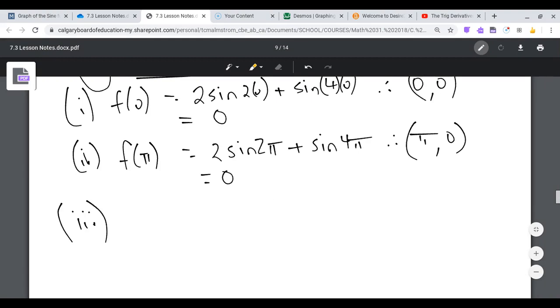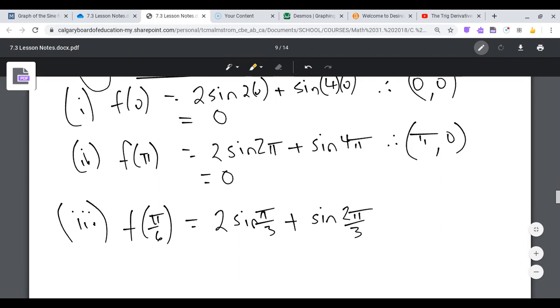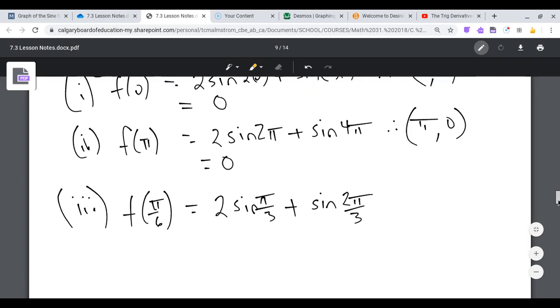At pi on 6, we were looking at that being a max. So I'm going to do f of pi on 6. Plug that in. 2 sine 2 times pi on 6 is going to give me pi on 3, plus sine of 4 pi on 6, which would be 2 pi on 3. Sine pi on 3 is equal to root 3 on 2.